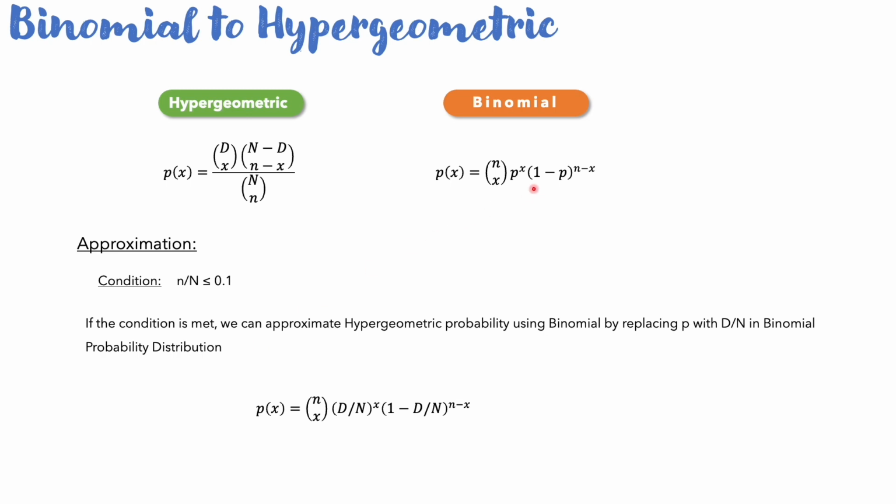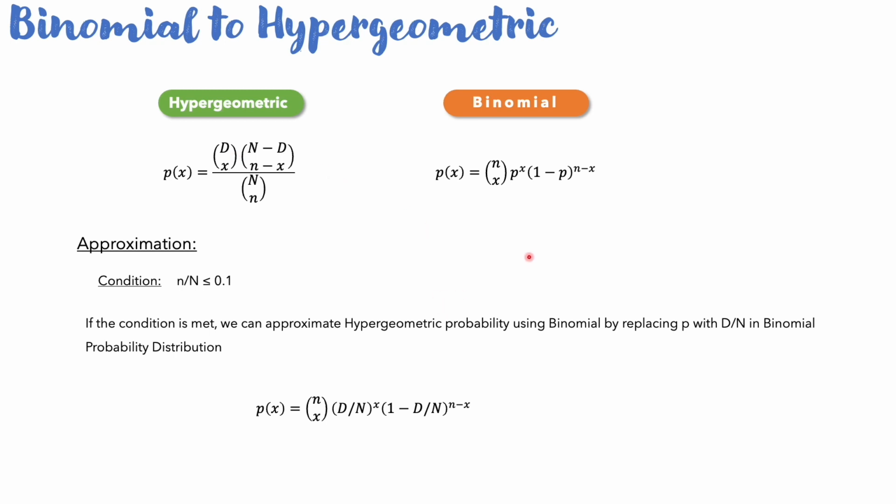So we just replace p with d over N in this formula, and then we can apply this formula for these conditions here, because here we are using d, right? D is the value of interest or the defective pieces that we are finding in our samples.